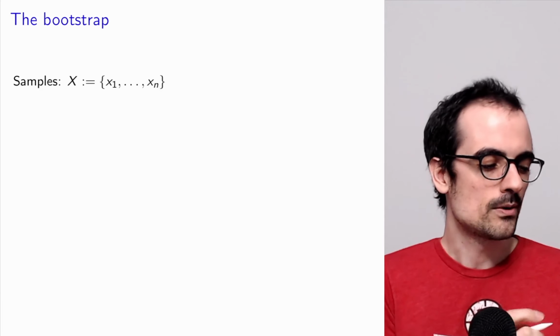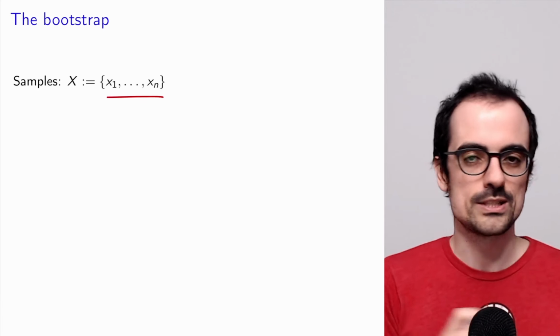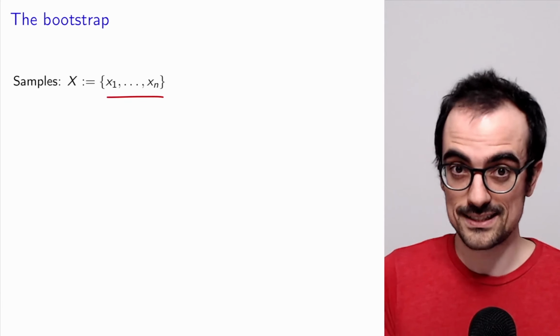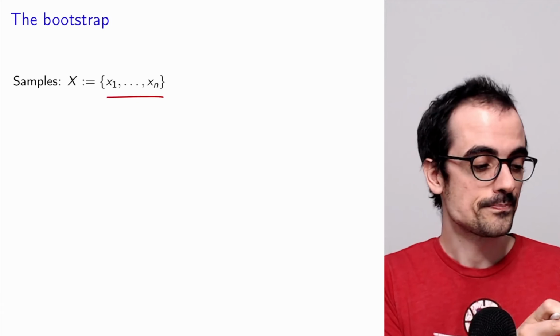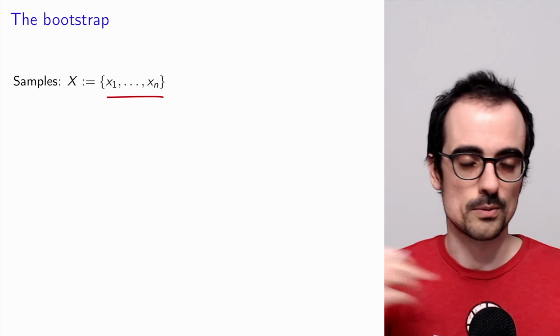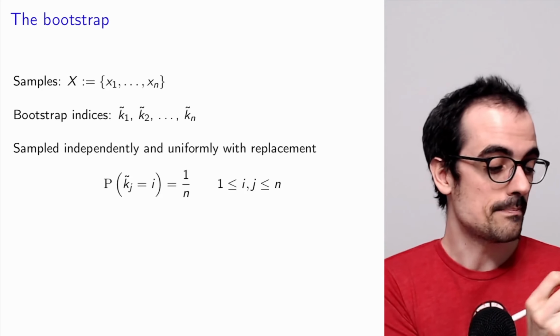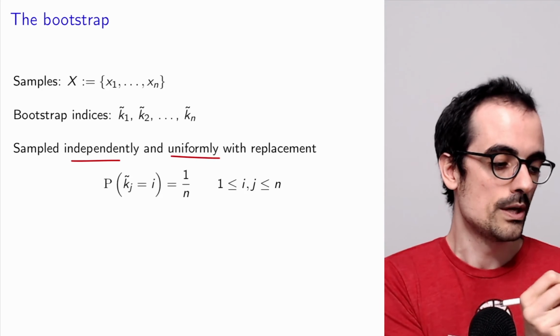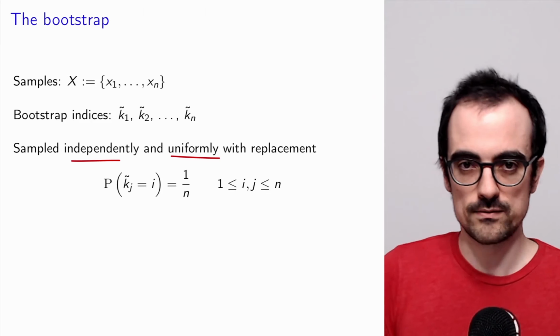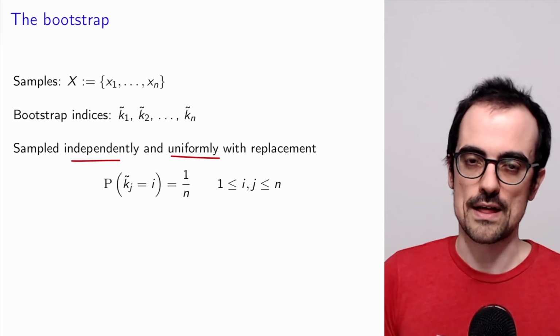So in the bootstrap, we take our available measurements, which are these small n measurements. Realize it's just the small n measurements, not measurements from the whole population. And we sample from those independently and uniformly with replacement in the same way that we did for the general population when we were taking random samples.